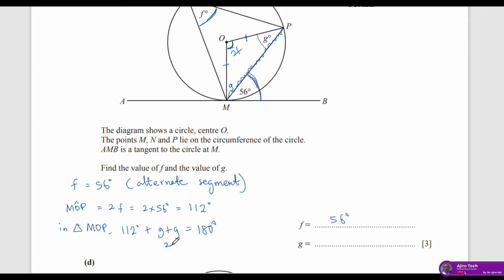So 2G becomes 180 degrees minus 112 degrees, which is 68 degrees. So G should be 68 divided by 2, which is 34.